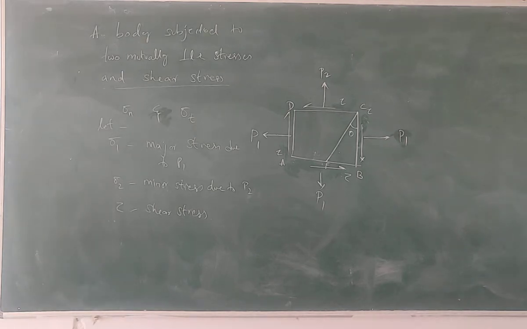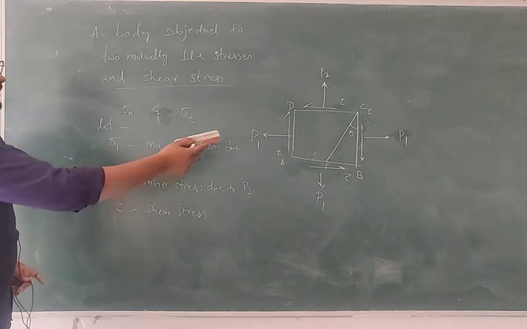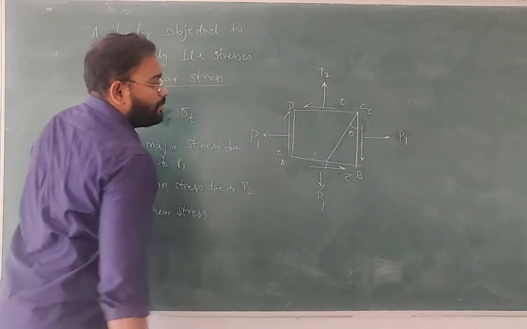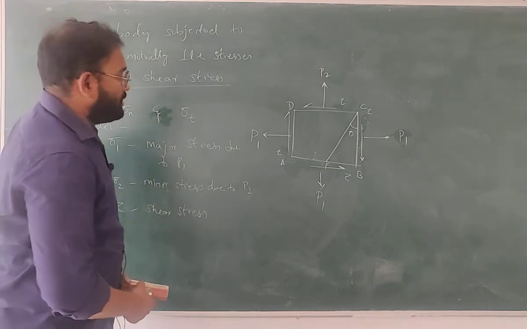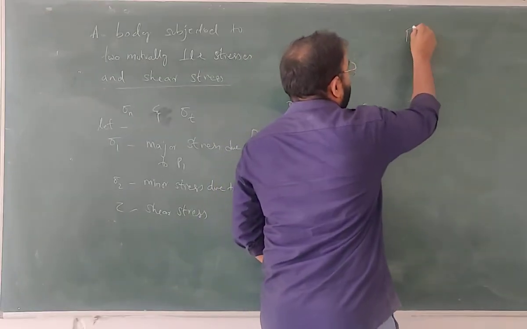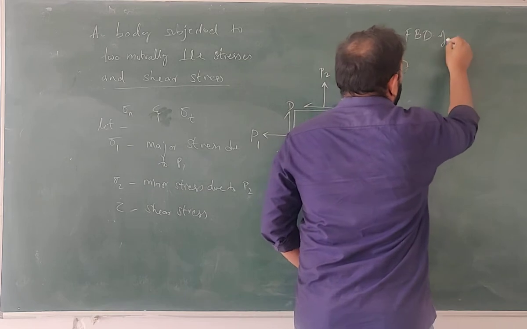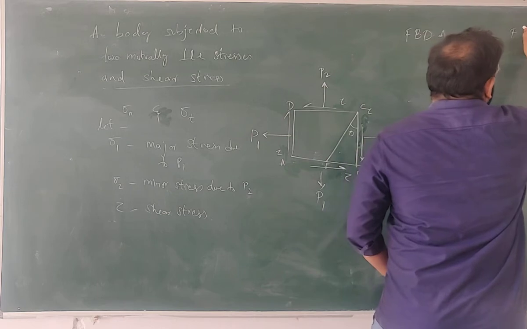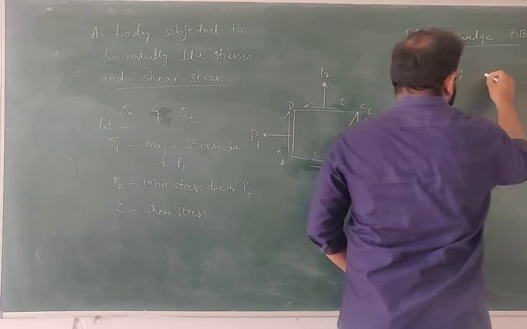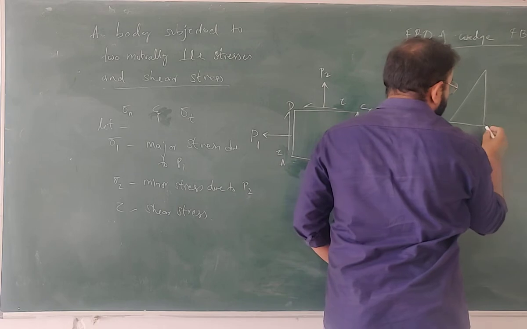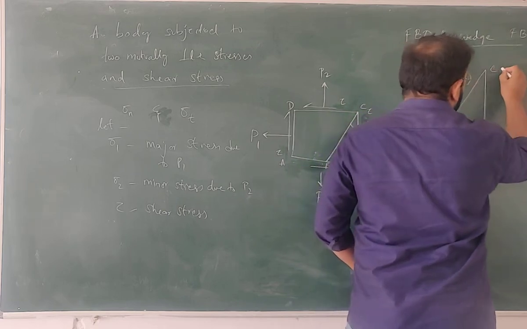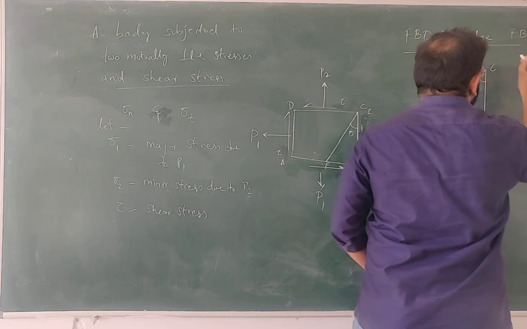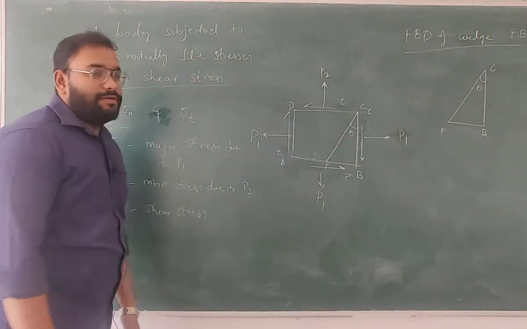Next we'll draw the free body diagram of this wedge FBC. So this is your FBC. The angle is theta with the vertical.